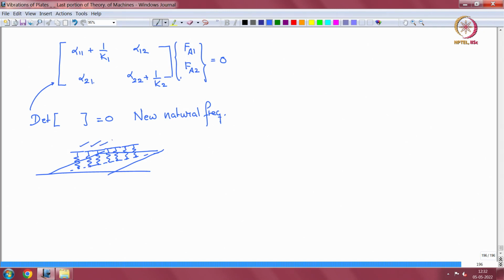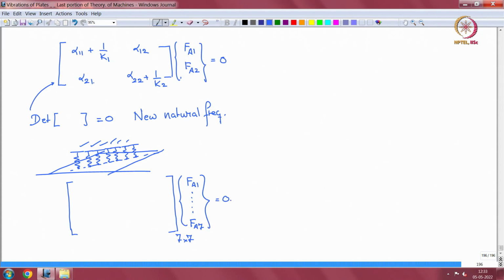One, 2, 3, 4, 5, 6, 7. Then I will have a 7 by 7 matrix now, and FA1, FA2 through FA7, that is equal to 0.